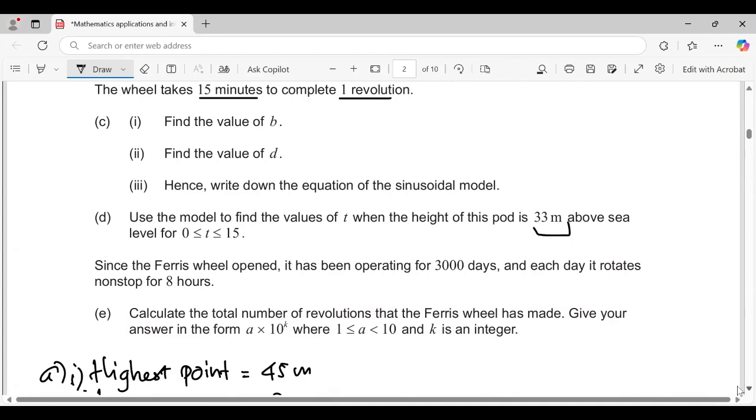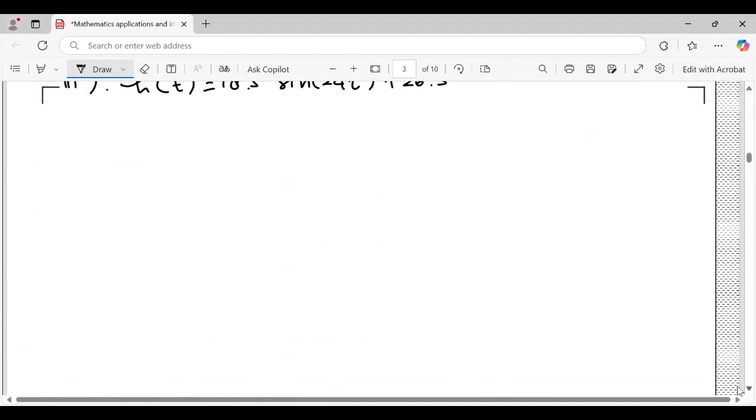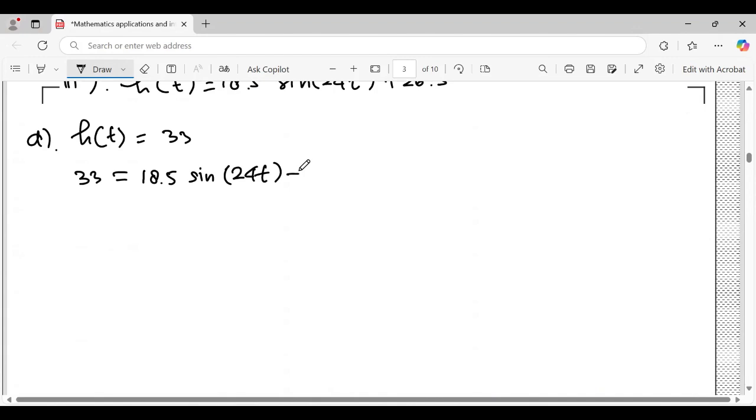So if h(t) equals 33, the equation becomes 33 equals 18.5 sine 24t plus 26.5.